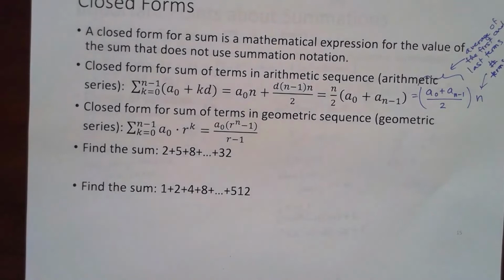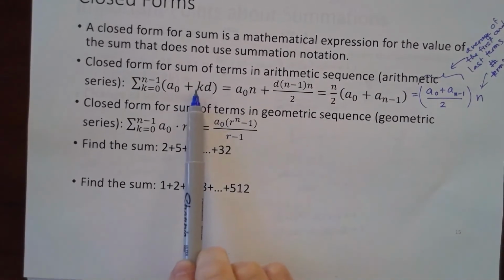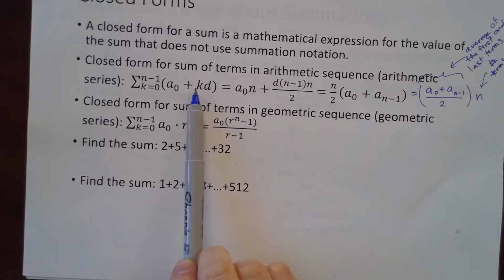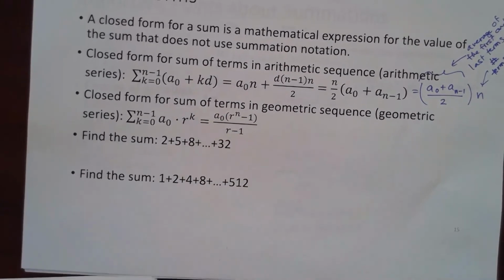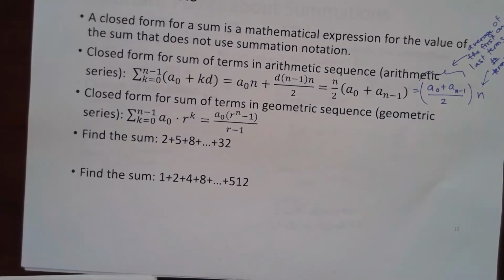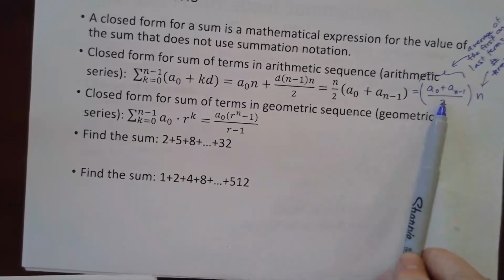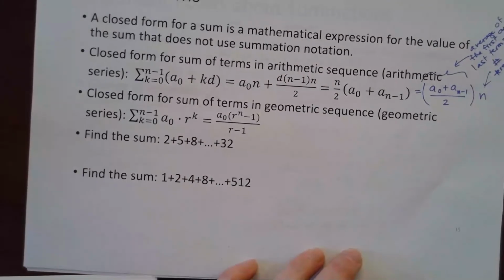If you were going to add up all the numbers in an arithmetic sequence, there's n numbers in this sequence. If you just took the average of the numbers and multiplied it by n, you would get the sum. So this is a fairly intuitive formula. It's the average of the first and last term times the number of terms.